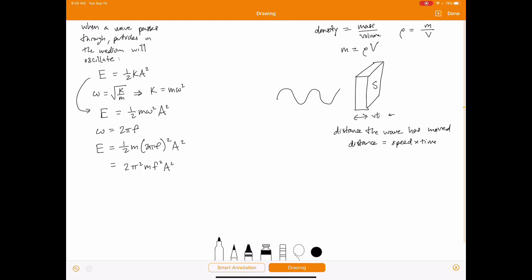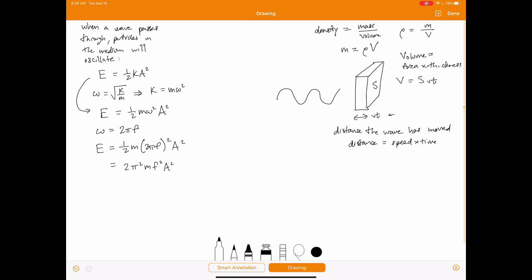So what is the volume of this slab of material that I just drew? Well, the volume would be the area of the slab times the thickness. In other words, capital V for volume is equal to the area S times the thickness, which is little v times t.